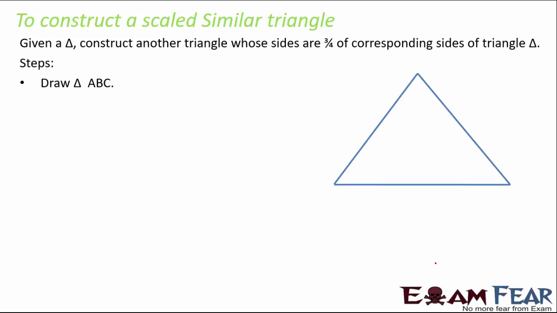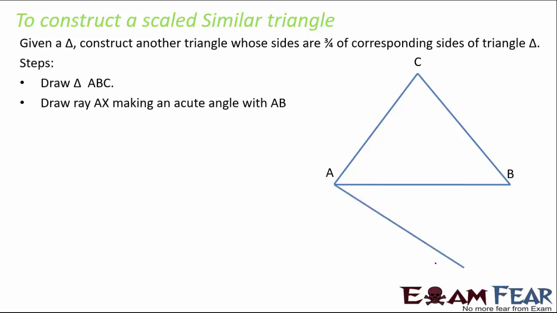So like this, ABC. Now we draw a ray AX making an acute angle with AB, just like this. So this is AX. Now if you see here, this is AX making an acute angle with AB.